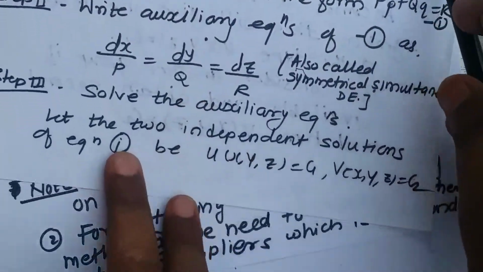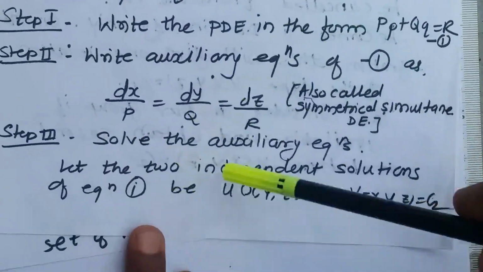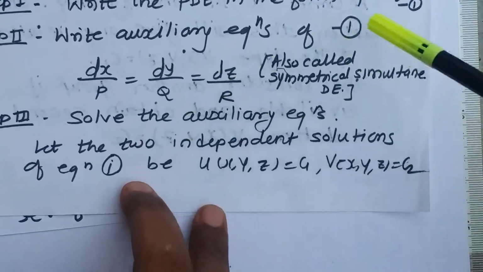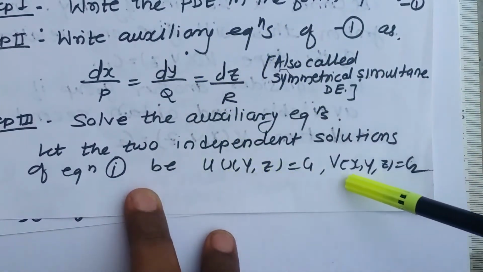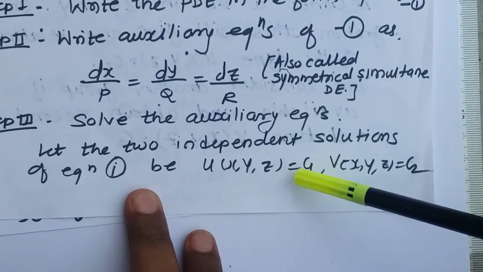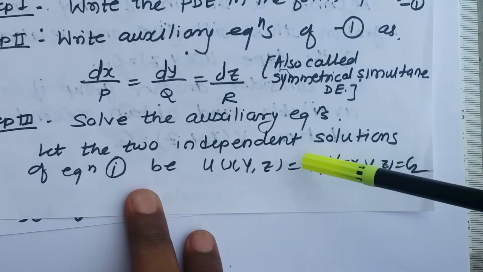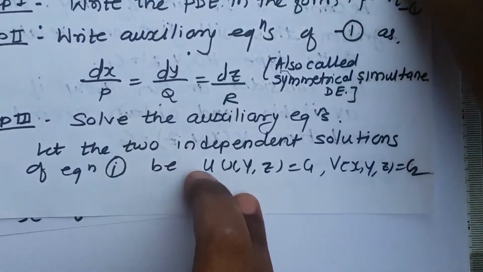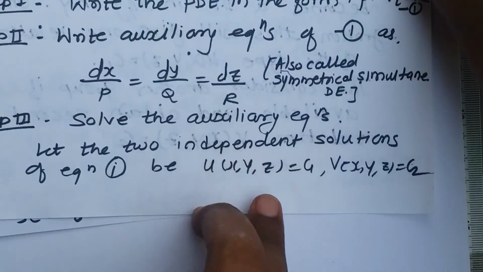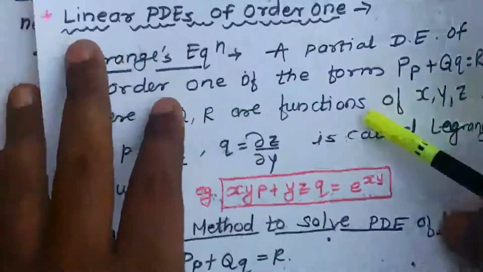So let the two independent solutions of equation 1, which we obtain after solving these auxiliary equations, be of this form: u of x, y, z equal to c1, v of x, y, z equal to c2. They are functions of x, y, z equal to arbitrary constants c1 and c2. Very importantly, they are independent, meaning one solution does not depend on the other.